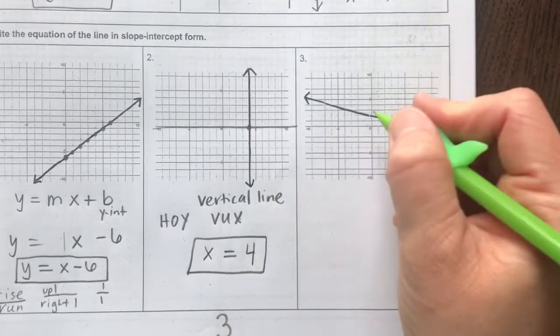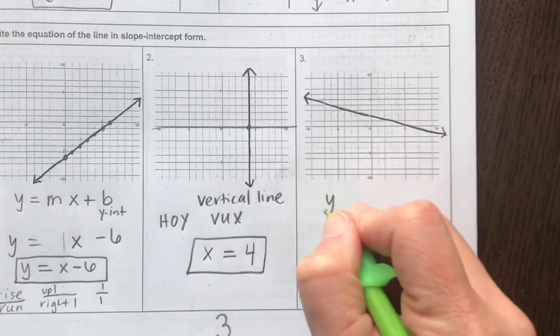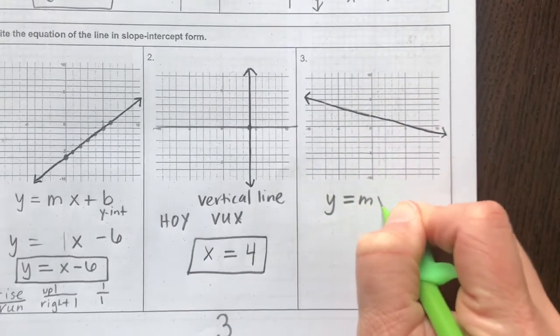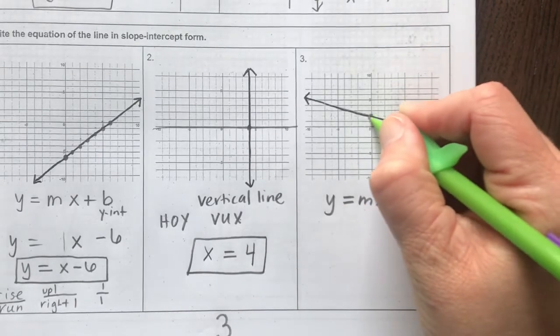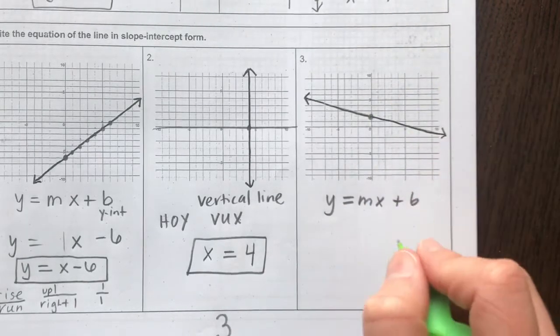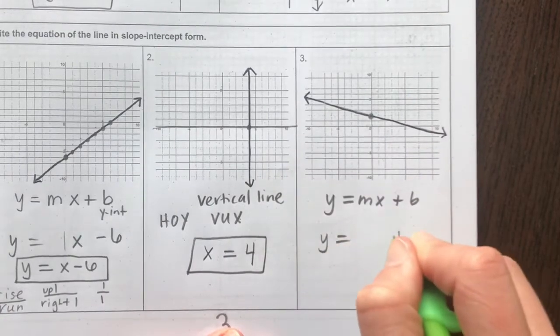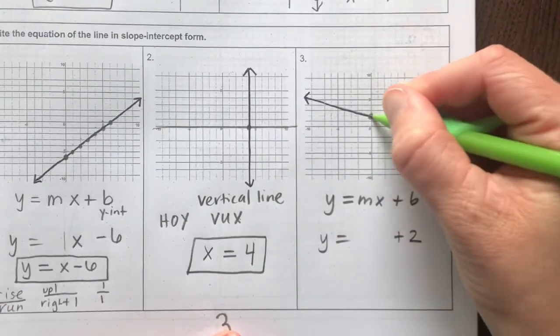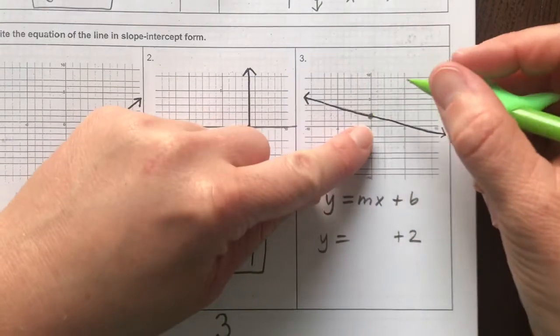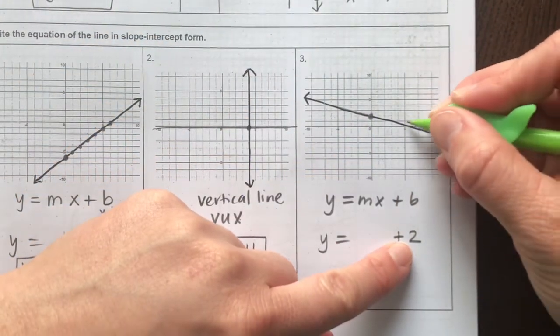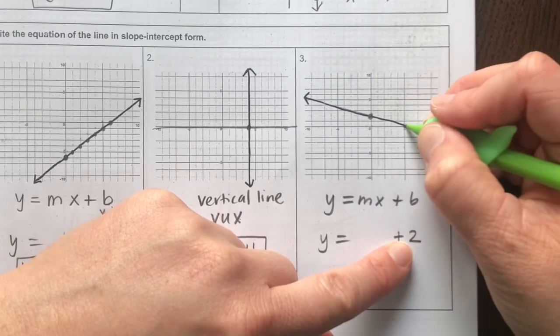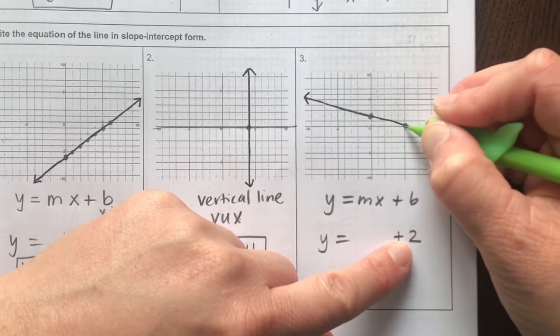So slope-intercept format doesn't technically work for a vertical line, but this is the format of how you would write that line. Now the last picture over here, I can write it in y equals mx plus b format, and I can tell my b here is up at +2, and so I know this is going to be +2 because that's where it crosses my y-axis. Now what I want to do, as easily as I can, is find another point on this graph, and it looks like there is a point over here at (5, 0).